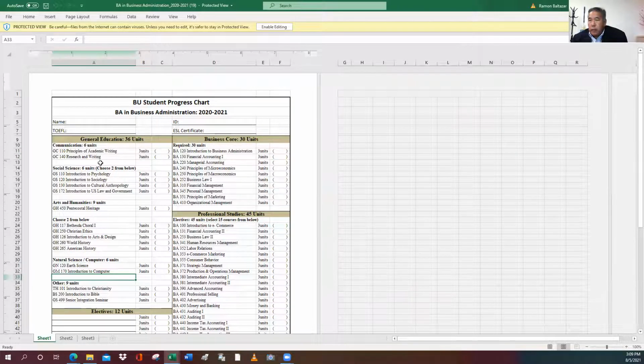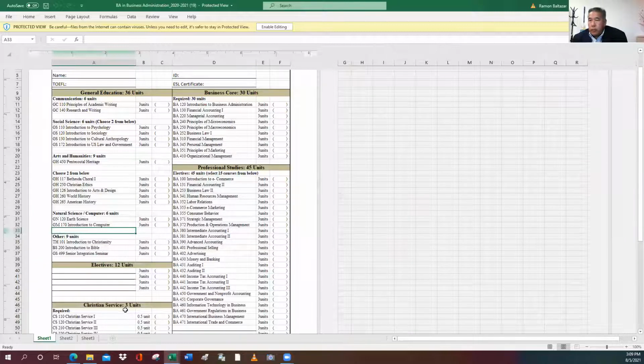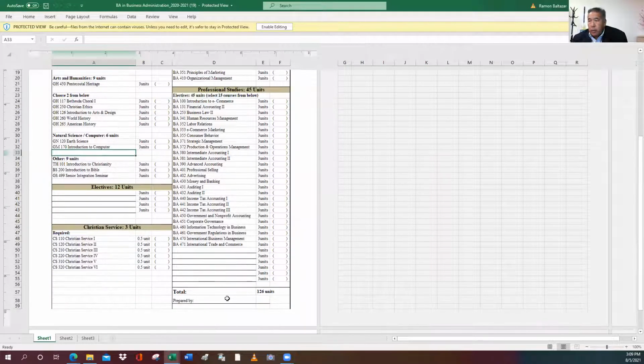You will have to fulfill all of these requirements: 36, 12, 3 units, 30 for your core, 45 units for your professional studies. You have areas where you can take also courses that are not here, specifically for sports management. In total, complete 126 units in about 4 years, or a little bit more, but 4 years would be the average. Okay.